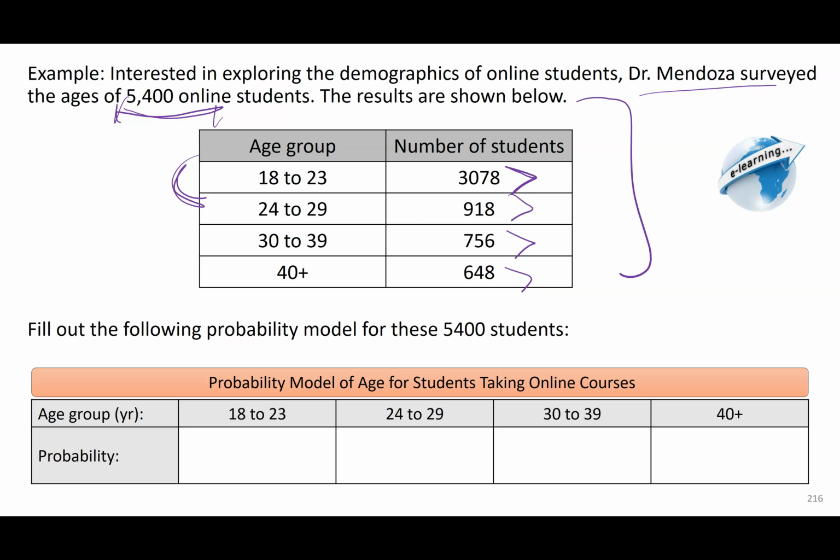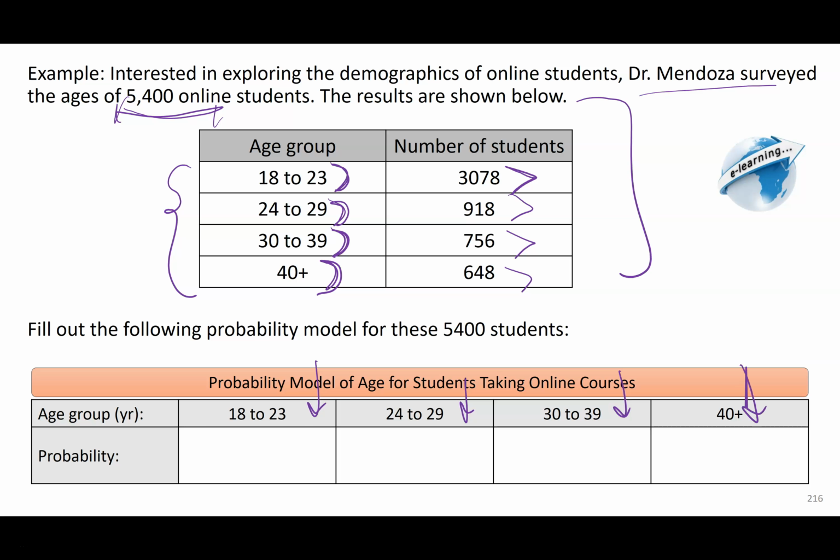So if I want to put these into a probability model, the first thing I need to do is grab my categories. So people in the youngest age group, people in the second youngest, third youngest, and fourth youngest. I need to make them here. So here are each of my categories.